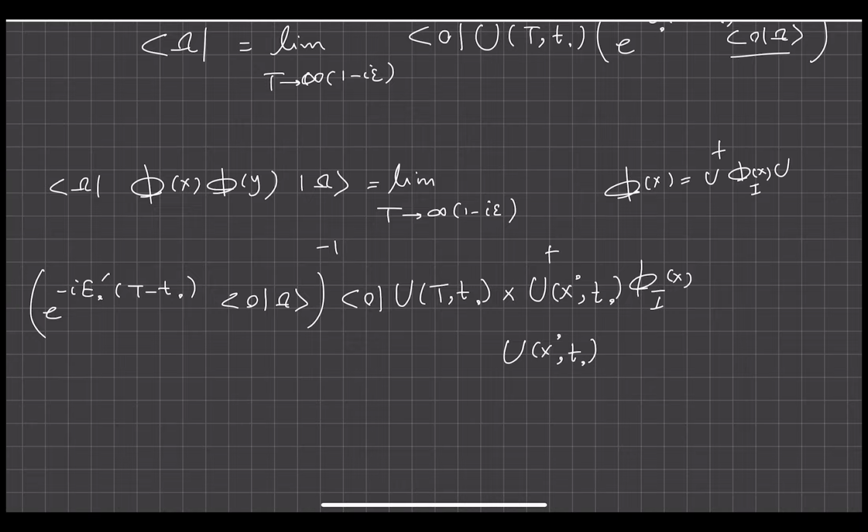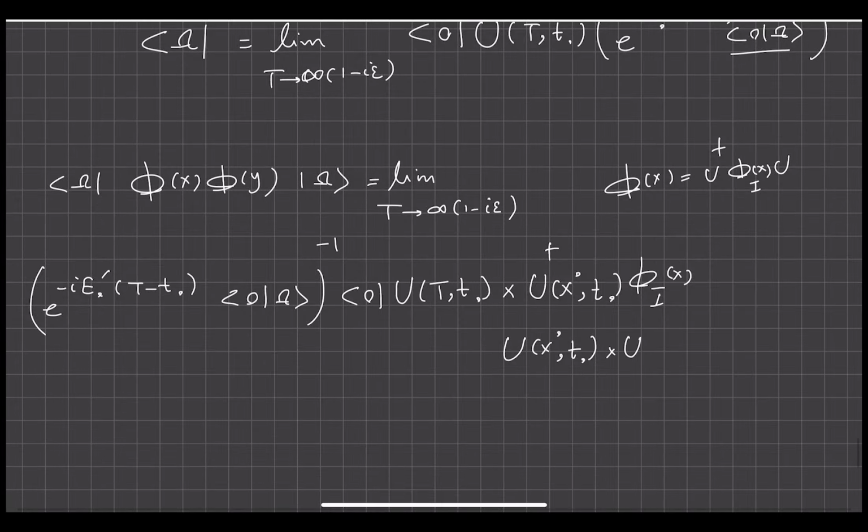So you have U dagger of phi x, and then U of x0 and t0, followed by U of y0 to t0 dagger, phi of free y, the free field at point y, and then U of y0 to t0. Now you have to write down the bra of the omega.